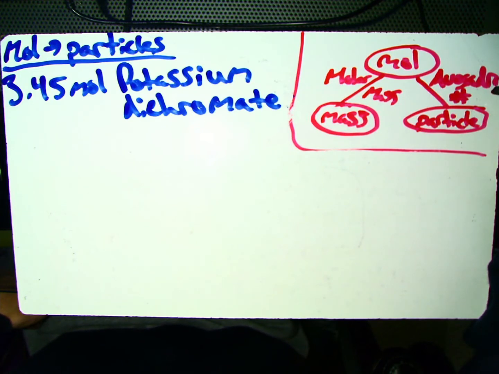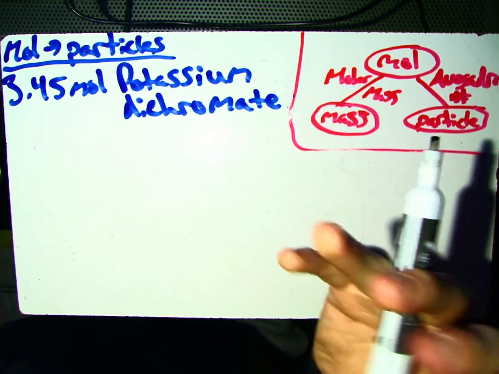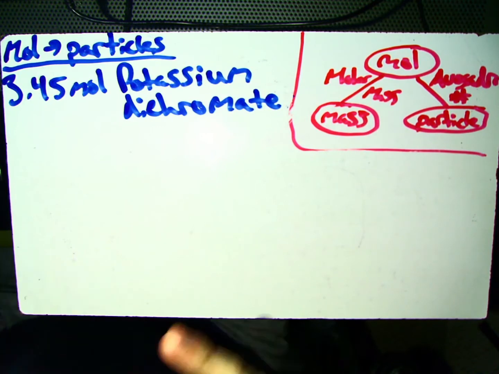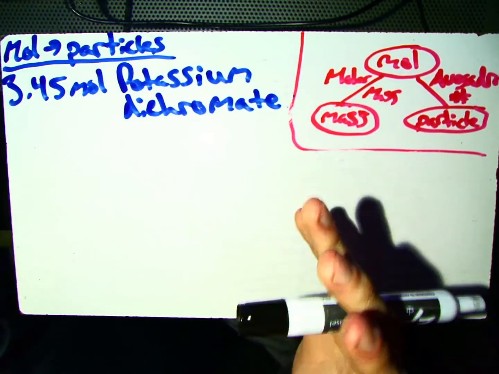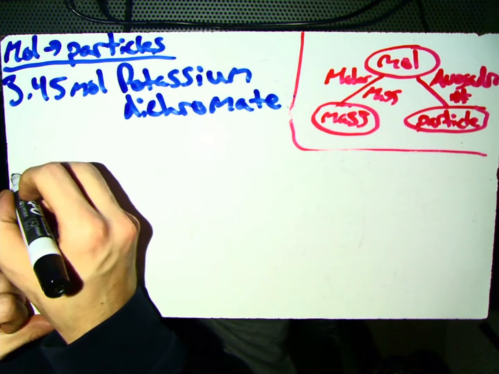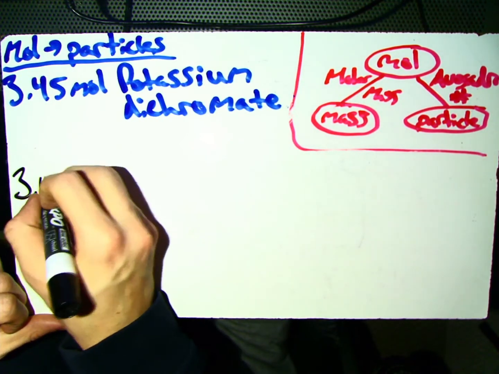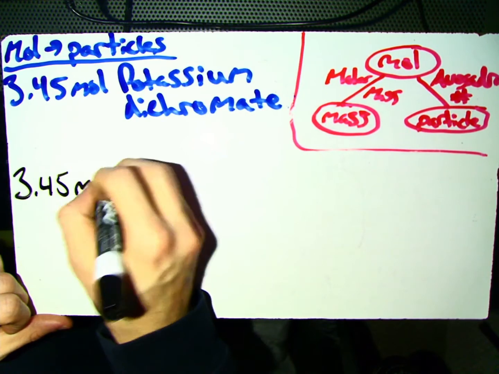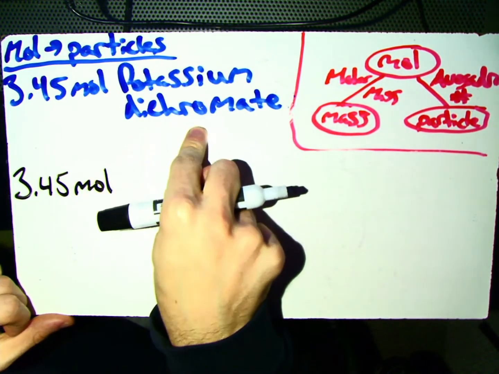It's Avogadro's number, 6.022 times 10 to the 23rd. All right. Dimensional analysis, what do? We always start with our given. And I told you that we are starting with 3.45 moles of potassium dichromate.